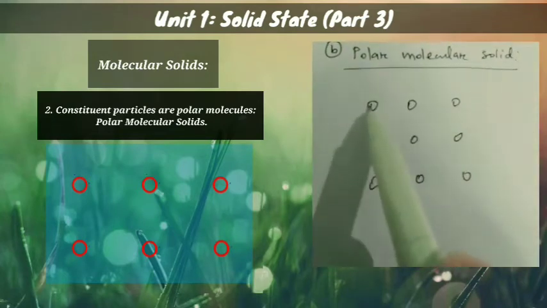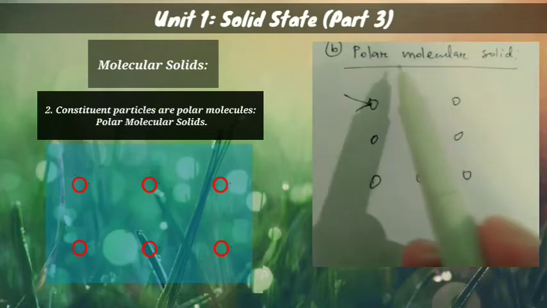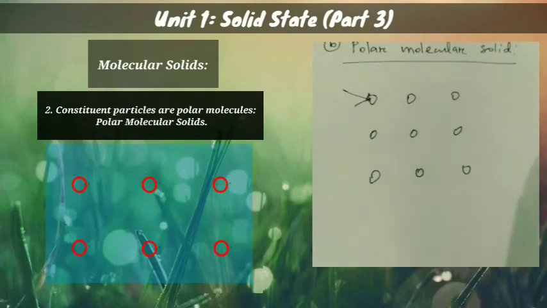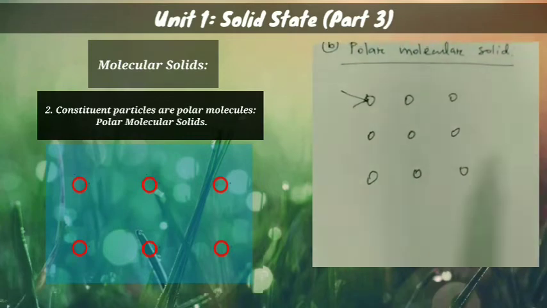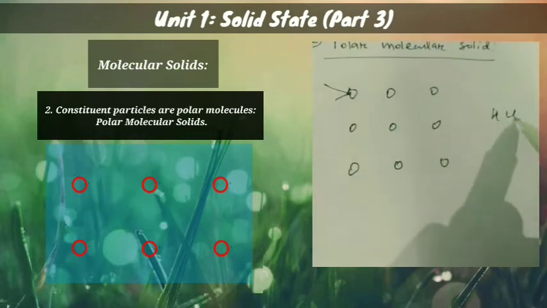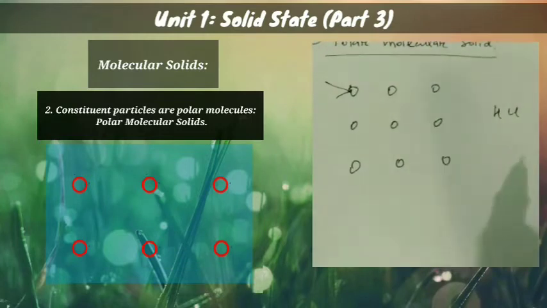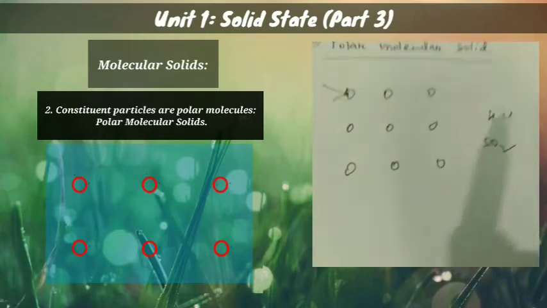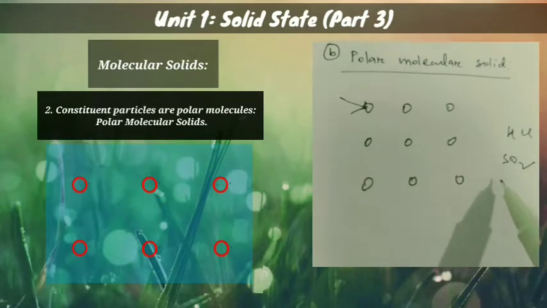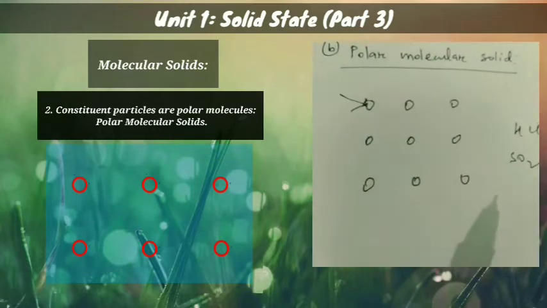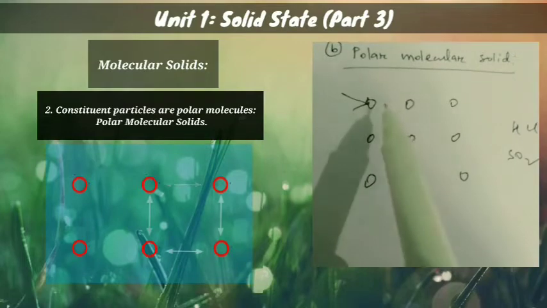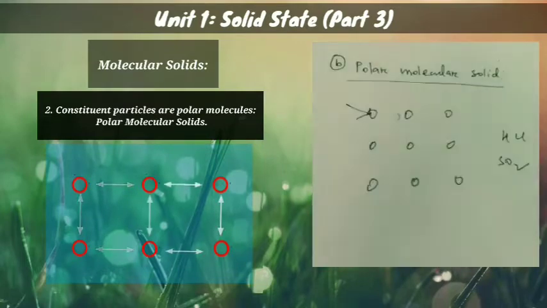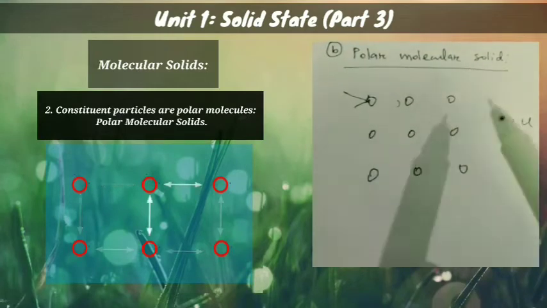If the constituent particles are polar molecules, then this solid is known as a polar molecular solid. Examples are HCl and sulfur dioxide. The force between these molecules is dipole interactions.